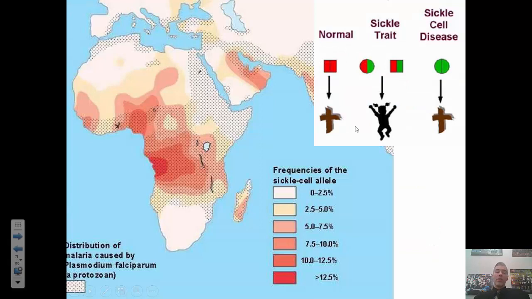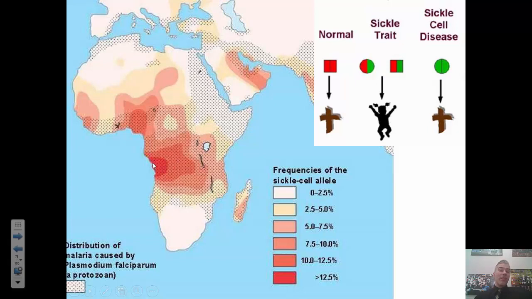This actually shows you the frequency of the alleles throughout Africa. And you can see areas in which there are very, very high amounts of malaria, which would be in these areas specifically, but anywhere you see this kind of dotted pattern is where malaria exists within Africa.